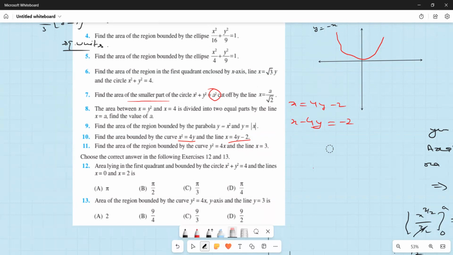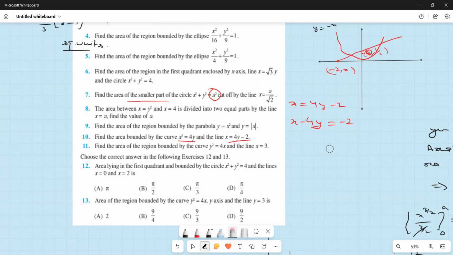So this line will cut at x is equal to minus 2, 0. And if I take x 0, then y is equal to 1 by 2. So this point is 0, 1 by 2. So this line is like this.